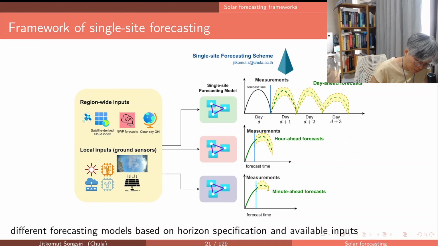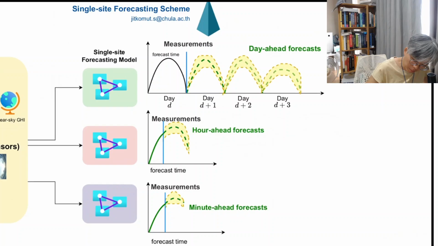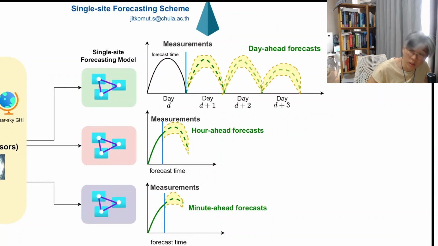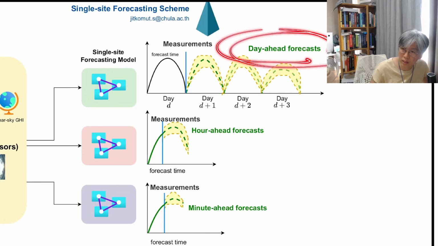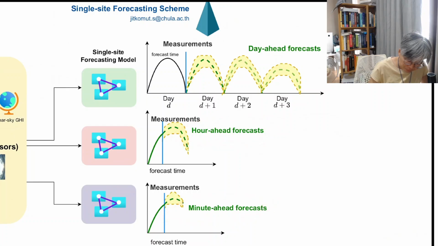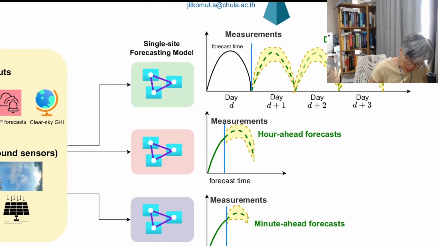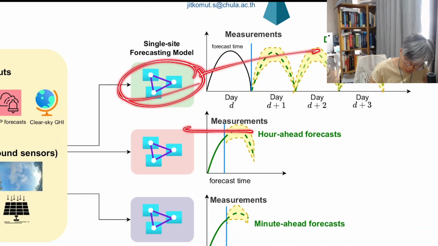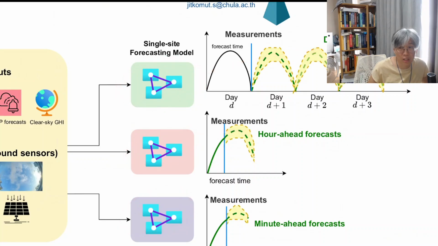So when we have the problem requirement, remember that, as I mentioned before, the basic requirement is, of course, what horizon: day ahead, or hour ahead, or minute ahead, right? And assume that the model responsible for each horizon is different.